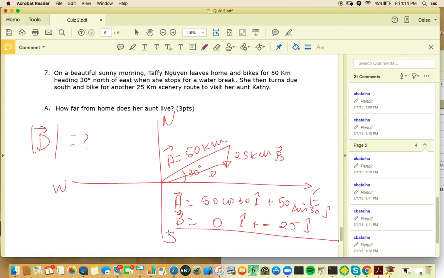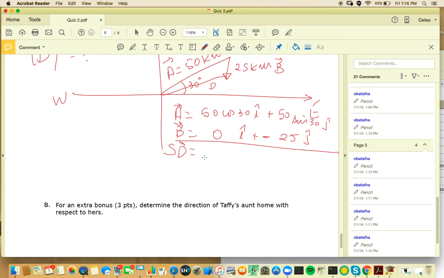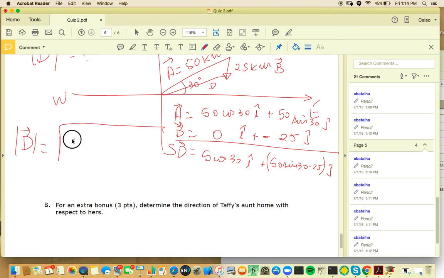So you add those two to get your vector D, and that is going to give you 50 cosine of 30 i hat plus 50 sine of 30 minus 25 j hat. So if we want to find how far, just square those two components.